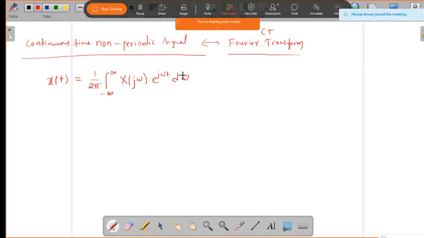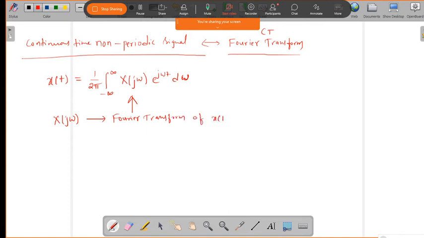So this is how you represent the non-periodic continuous time signal, over the integral from minus infinity to plus infinity. Now this x of j omega is called the Fourier transform of the time domain signal x of t, the Fourier transform of the continuous time signal x of t.